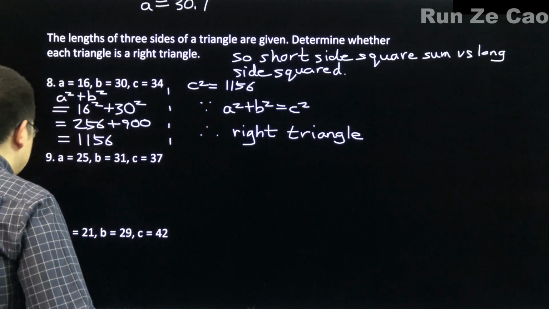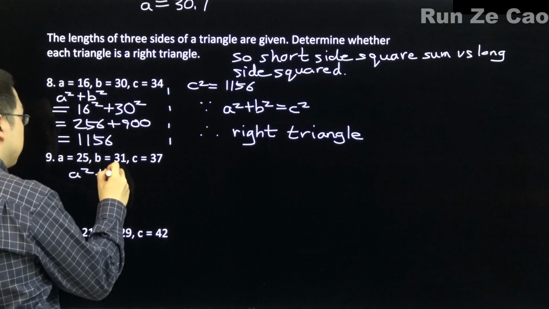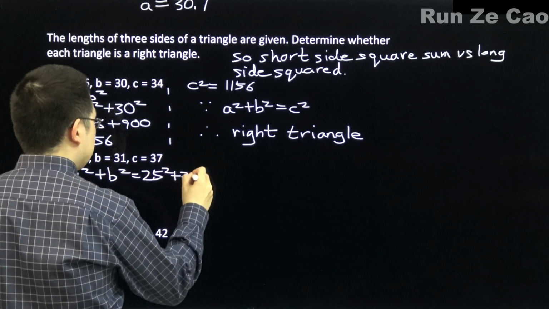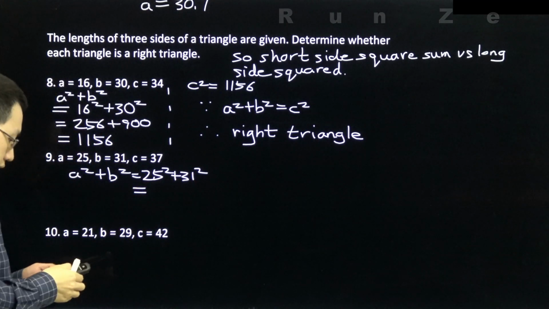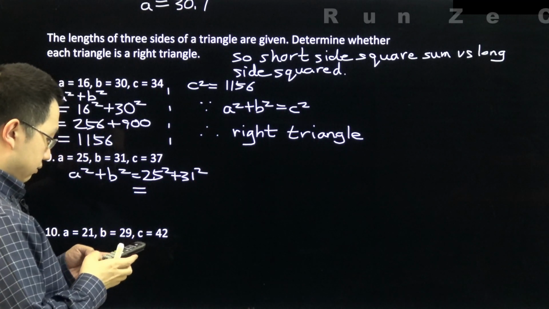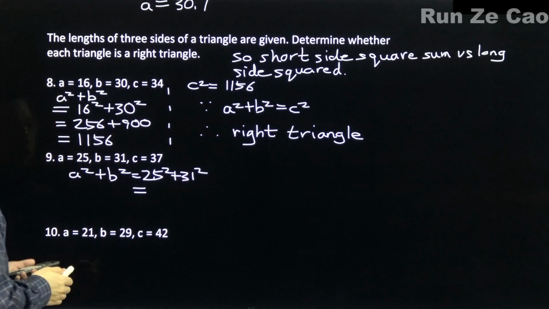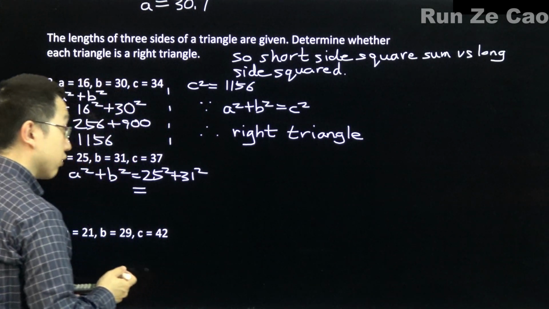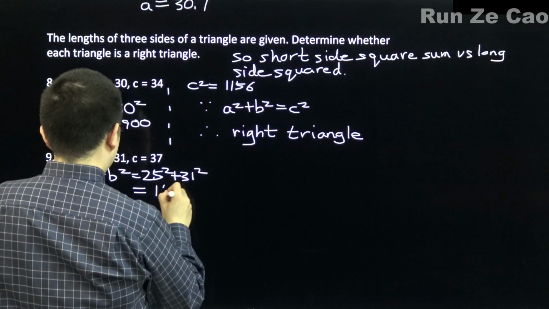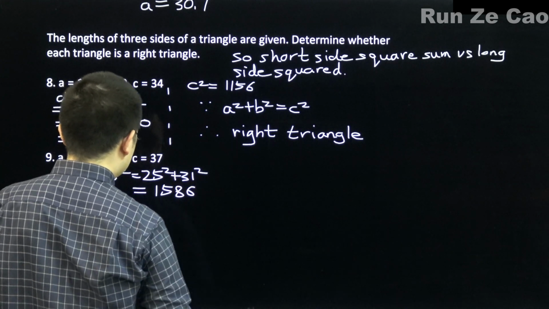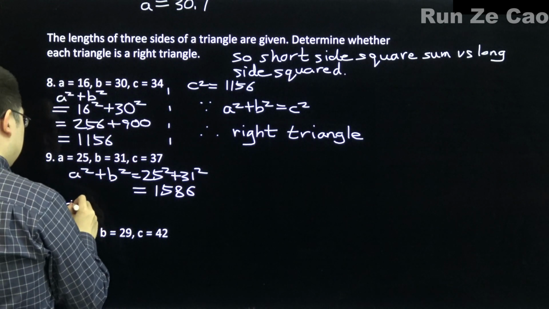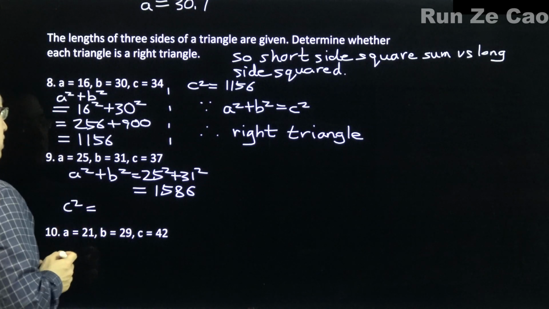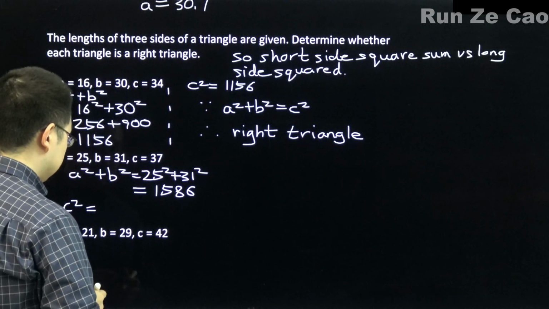Now, on this one, a squared plus b squared is equal to 25 squared plus 31 squared, which, if we just use our calculators, we could omit the intermediate step, if your teacher would be okay with this, of course. We would end up with 1586. C squared is equal to not 1586.